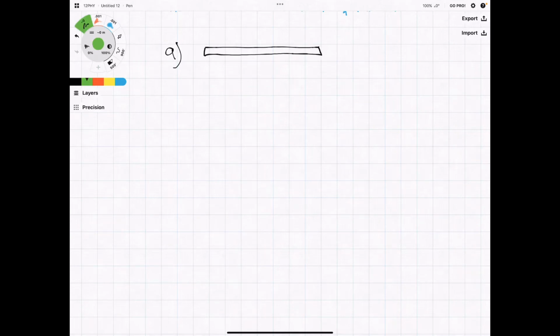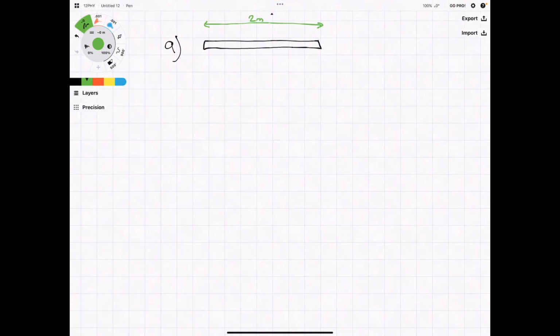We know the Planck is 2 meters long, and a spring scale S. Right, what I think we've got is a scale that can measure between 0 and 100 newtons. And we've got somewhere to pivot.